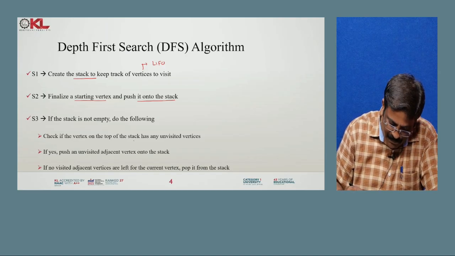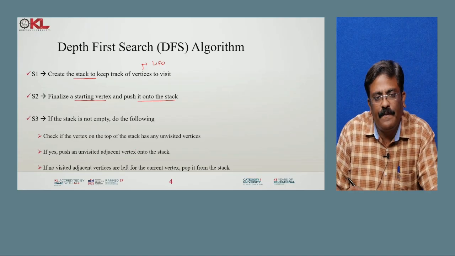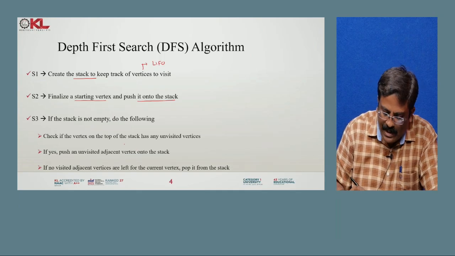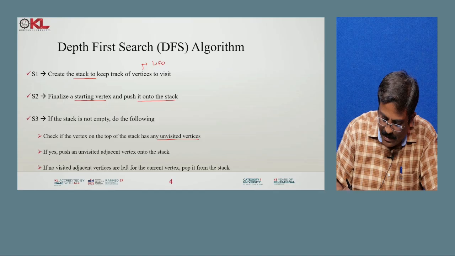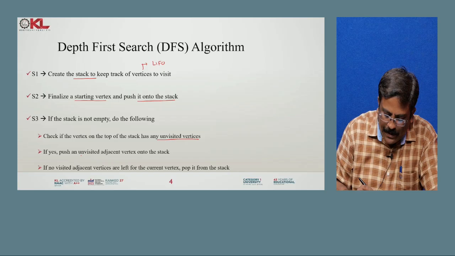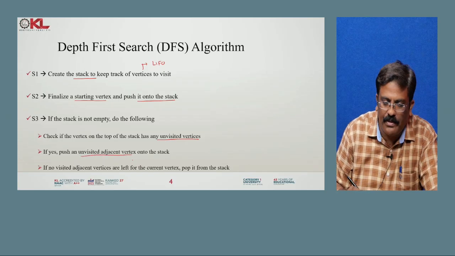If the stack is not empty, then we should do the following in step 3. One: if the vertex on the top of the stack has any unvisited adjacent vertices, we should push those unvisited adjacent vertices into the stack.